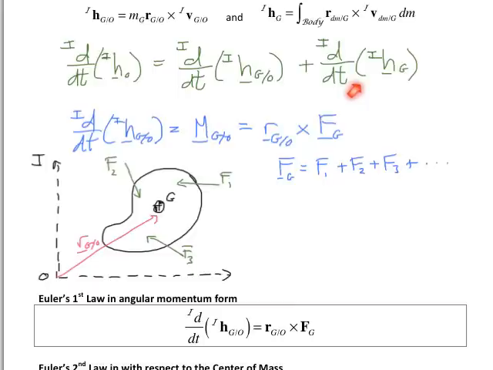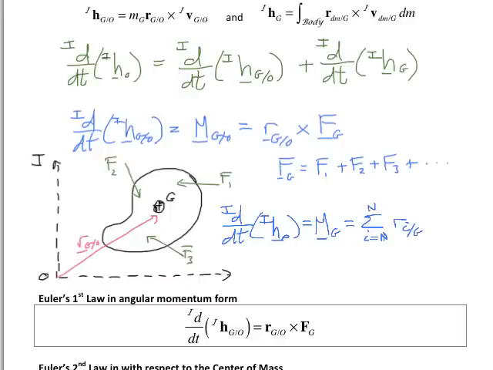And so now let's examine the second term, which is the time derivative of the angular momentum about the center of mass, and this is equal to M sub g, the moment about the center of mass. And we'll define this as the sum from i equals 1 to n of r sub i with respect to g crossed with F sub i.